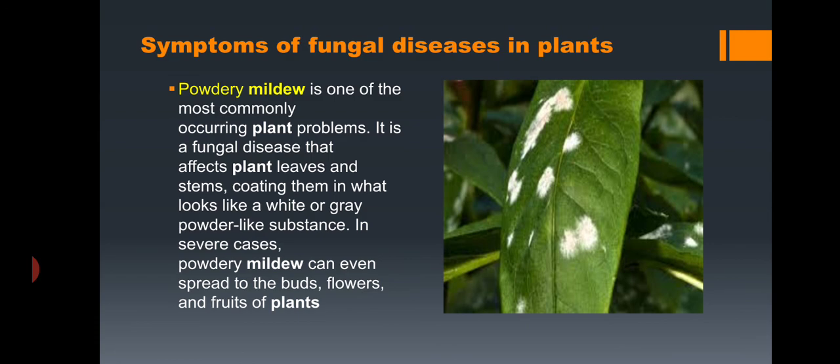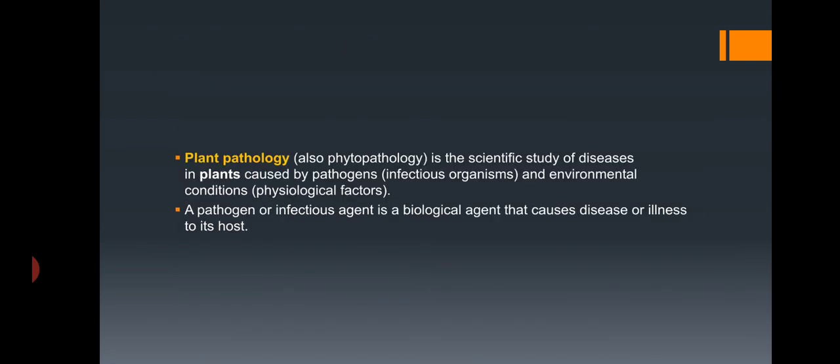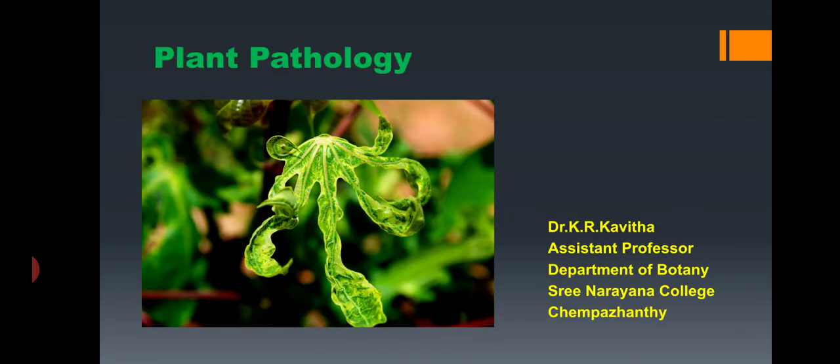Then we can categorize the types of plant diseases as bacterial disease, viral disease and fungal disease. This is our first part of this pathology, and in the next few classes we will conclude this particular module.